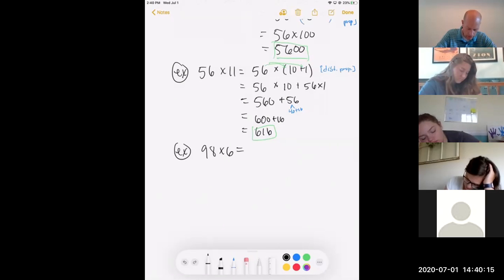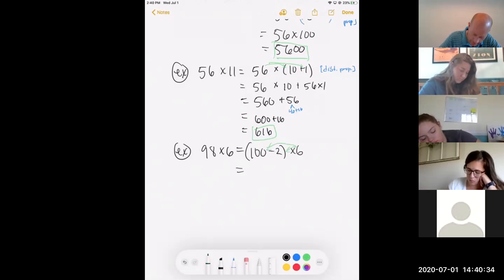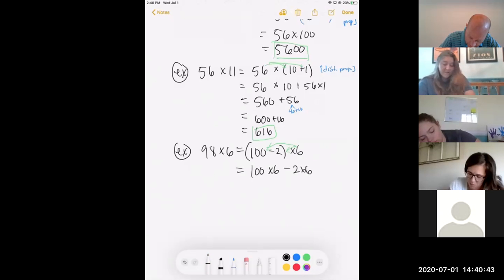98 is close to what number? 100, yeah. Okay, so if we do this and distribute here, then we have 100 times 6 minus 2 times 6.